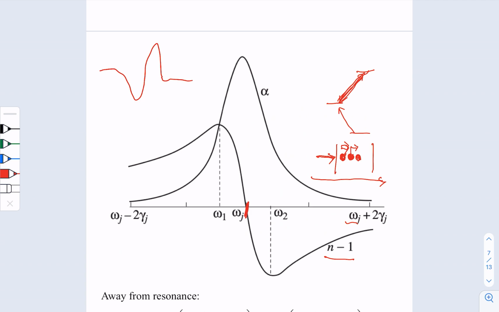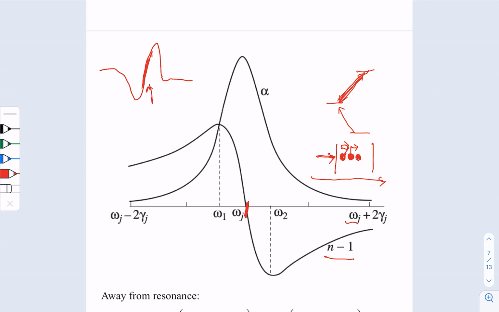Instead of a normal dispersion like this, in specially engineered materials, the dispersion can be reversed, and it has a large slope.